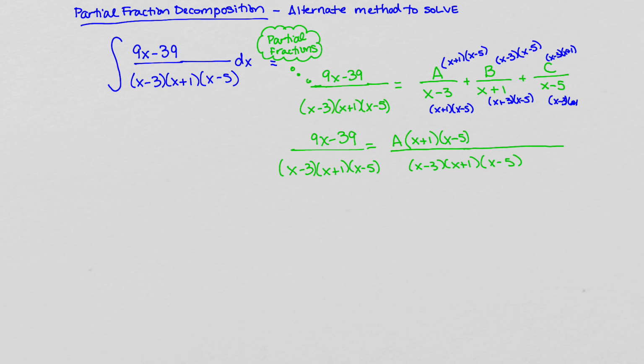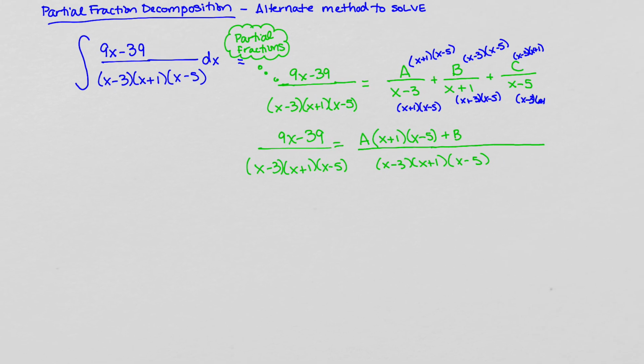And all of the fractions are going to have that same denominator, correct? So we can add them up, and let me just proceed. That's going to give us plus b times x minus 3 times x minus 5 plus c times x minus 3 times x plus 1. So this would be our first step in our partial fraction decomposition.